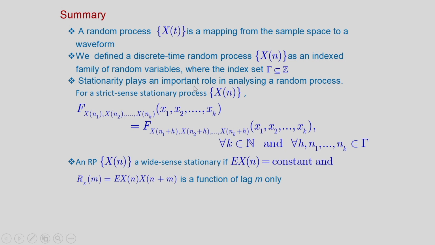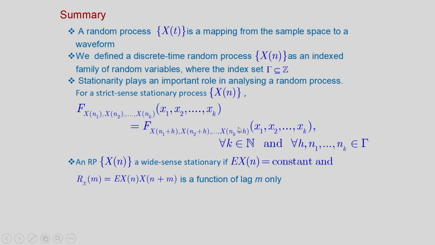Stationarity plays an important role in analyzing a random process. For a strict sense stationary random process, the CDF at instants n1, n2 up to nk is the same as the CDF at instants n1 plus h, n2 plus h up to nk plus h.